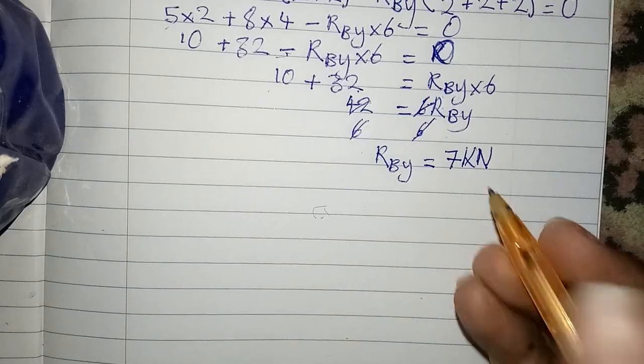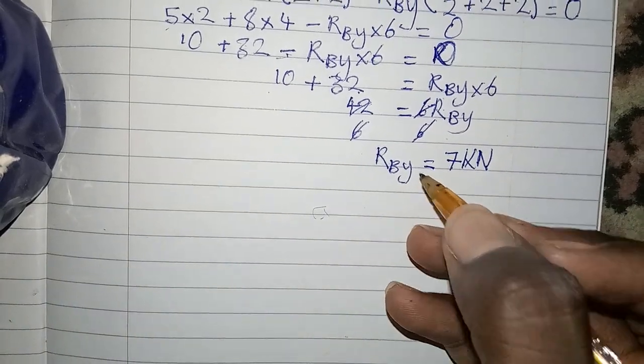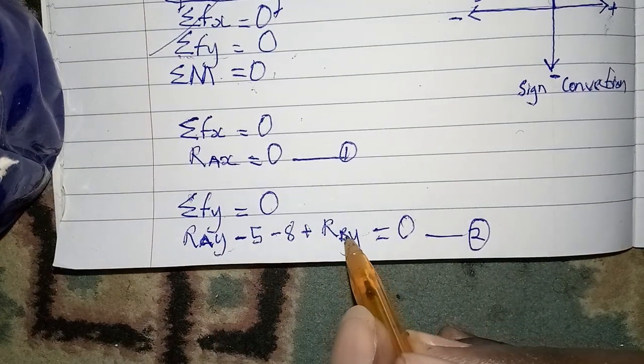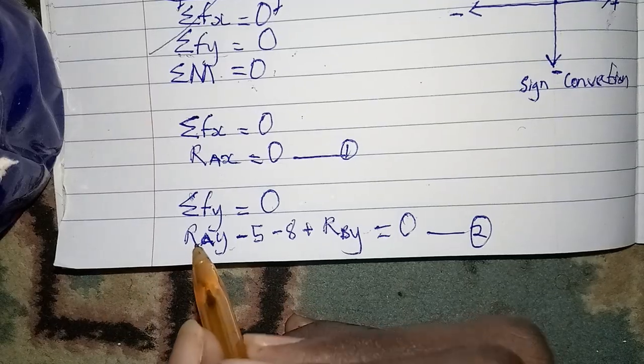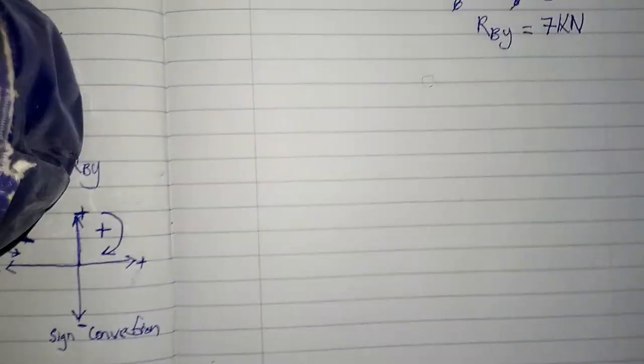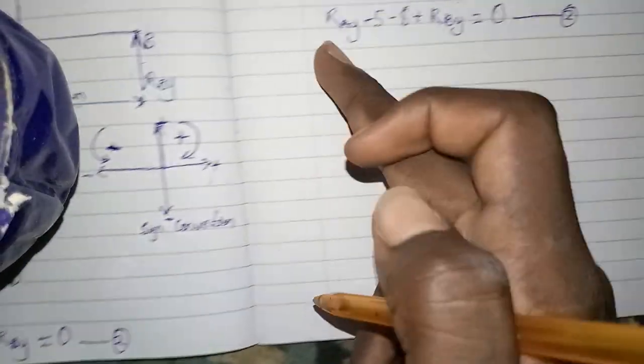Since we know reaction BY, we can substitute it into equation 2 to get reaction AY.